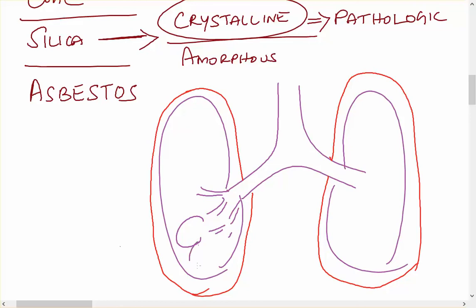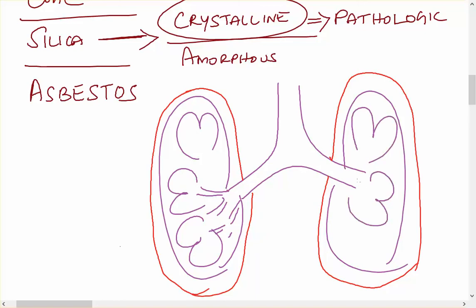I am drawing one of his alveoli in each area. Please don't talk. This is his alveoli, and you all know this is surrounded by capillaries. Now this person is working in an asbestos industry.